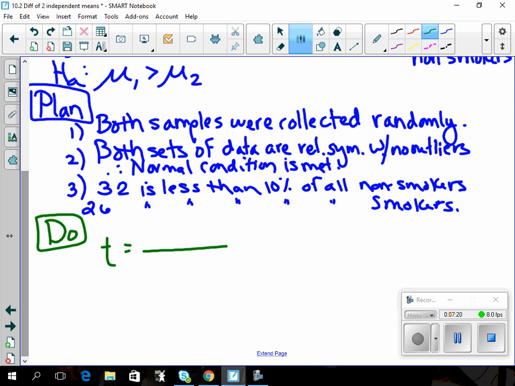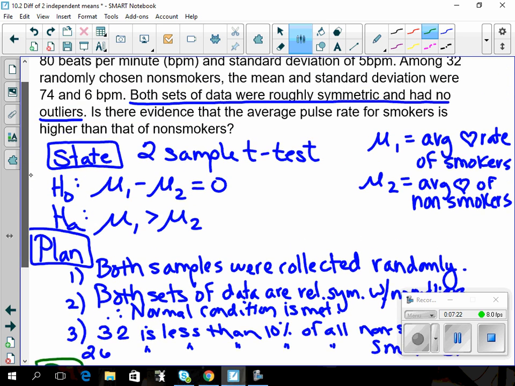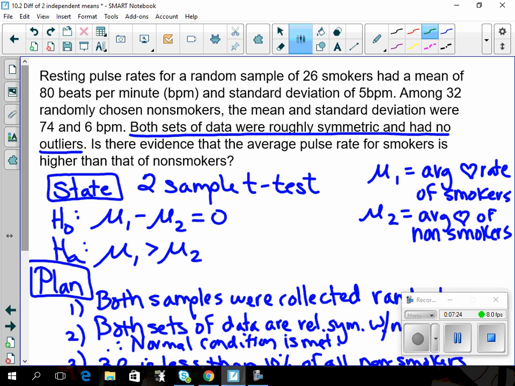So look at your formula sheet and think about what is going to be different here. Well, maybe we should come up here and pull out some of the numbers and list some things that are important to us so we know where they go in the formula. Will that make sense? So in other words, I'm just going to put it up in the state part. It doesn't really matter where. I know I have a sample mean, a sample standard deviation, and a sample size, all from the smoker population, because I'm deeming that population 1.